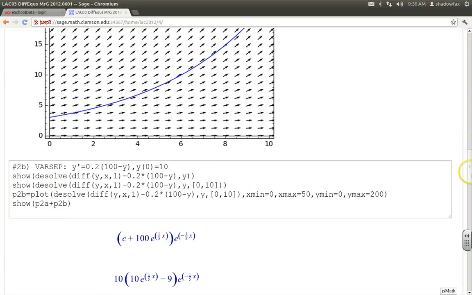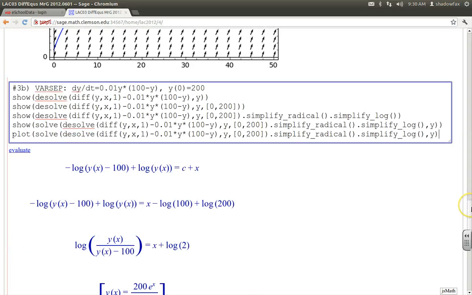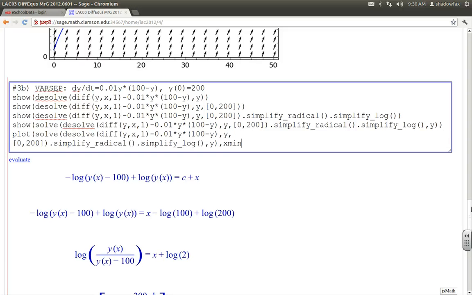Okay, so let's write that. All right, so I want to have the same window so that the two plots can go one on top of the other. So comma, x min is 0, and x max is 10. Yeah, this is getting a little bit long, but all right. X max is 10. Invalid syntax. Really? And y min is 0, and y max was 200, I think it was?